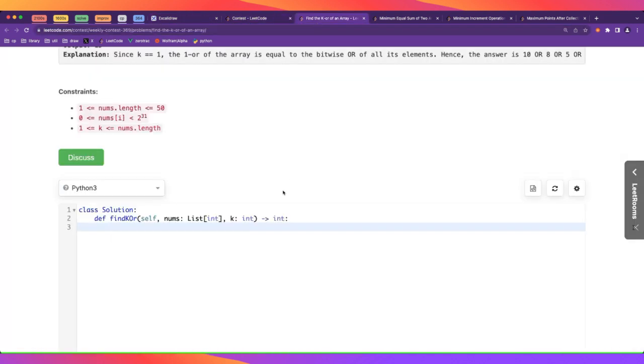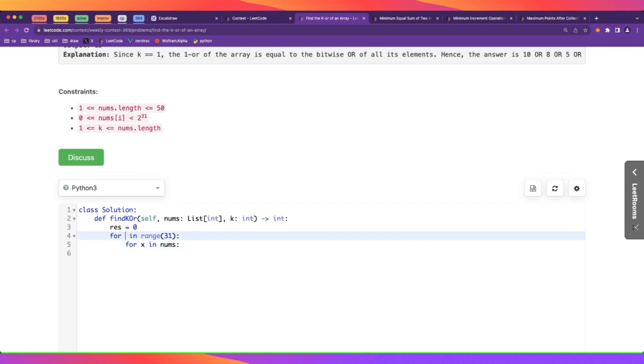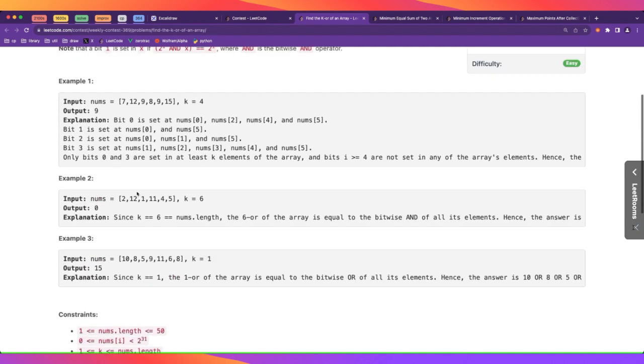So let's call that the column. So for column up to 31, here we're going to store the result, and then we want to go for every number in nums, and now let's use i, which is a variable name that they use here.